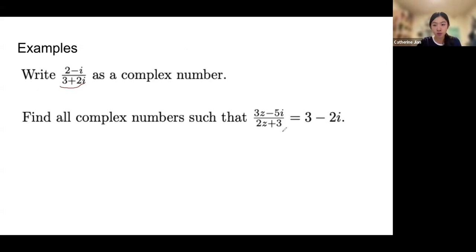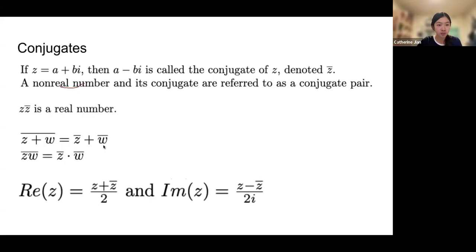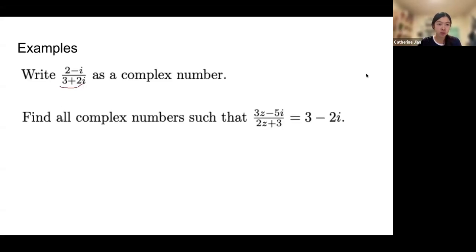But if we look back to one of the properties on our previous slide, for example, this property, z times the conjugate of z is a real number, we can use that to simplify this expression. So if we multiply the conjugate of 3 plus 2i on both the numerator and denominator, we can make the denominator real, and that will make the simplification easier.